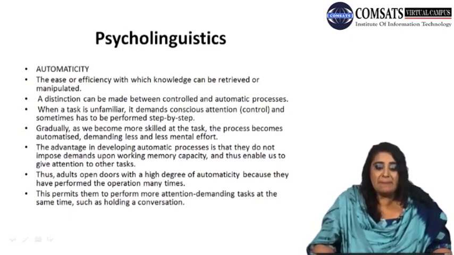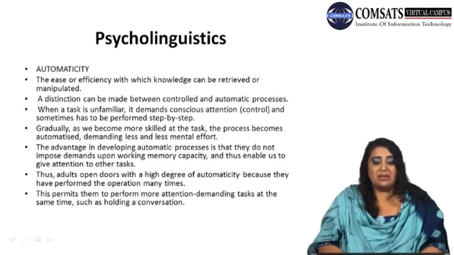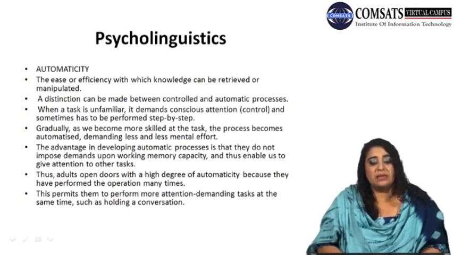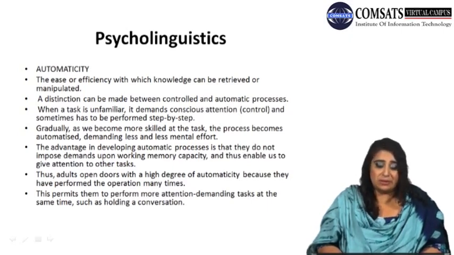A distinction can be made between controlled and automatic processes. So in this, we can make a distinction between the controlled process or the automatic process of retrieving language. When a task is unfamiliar, it demands conscious attention or control, and sometimes has to be performed step by step.